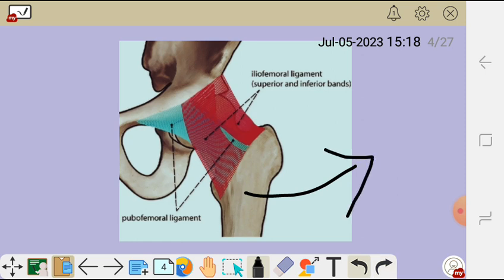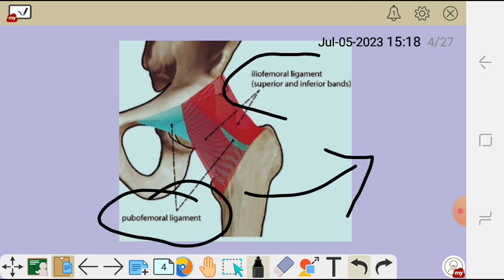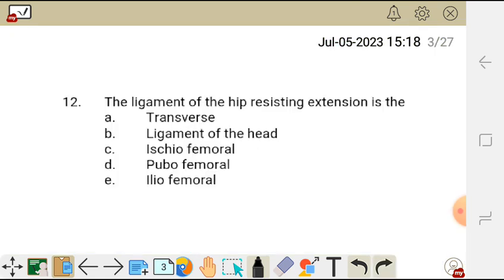So if you abduct the femur this side, then the one which is responsible for resisting that movement is the pubofemoral ligament, but for extension it is the iliofemoral ligament. So the correct answer for question 12 is E. The iliofemoral ligament is responsible for the resistance of extension.